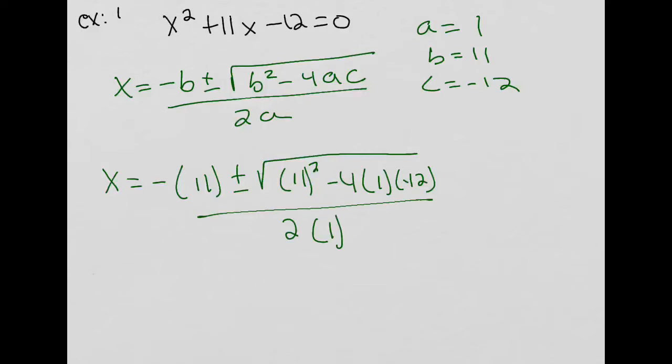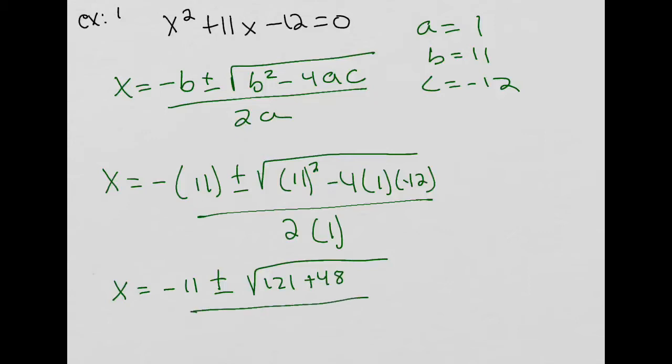So then, x equals negative 11 plus or minus the square root of 121. Negative 4 times 1 is negative 4, times negative 12 is positive 48, over 2.